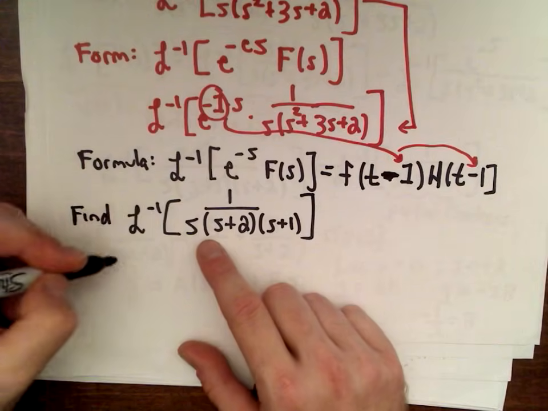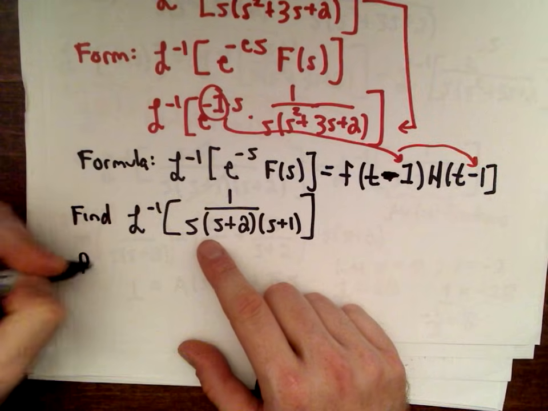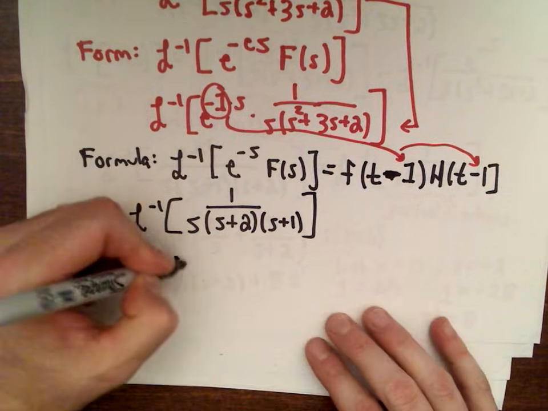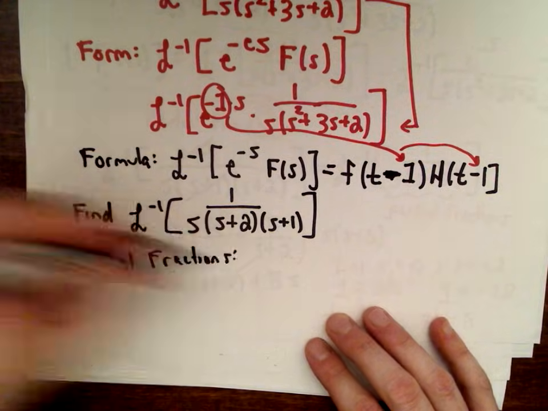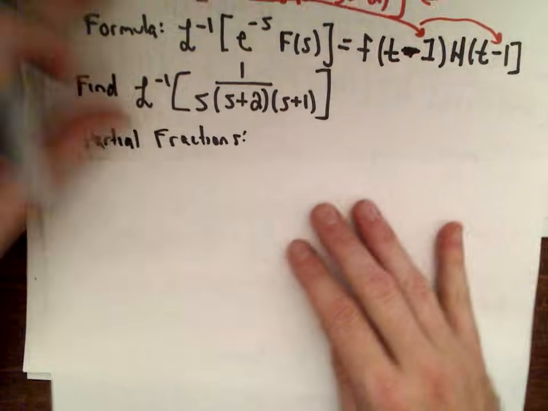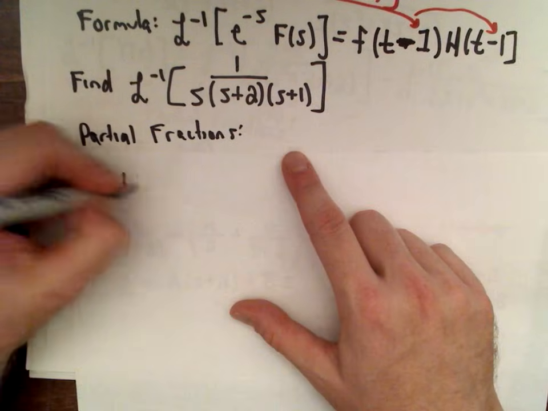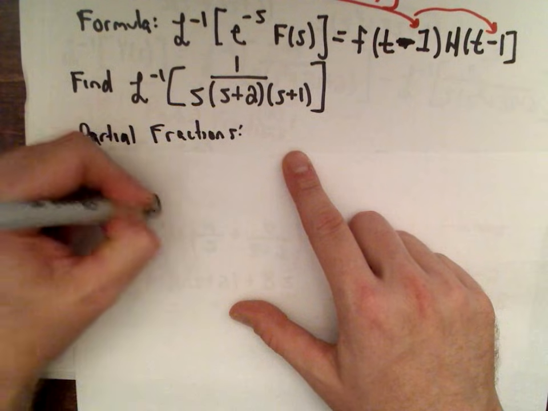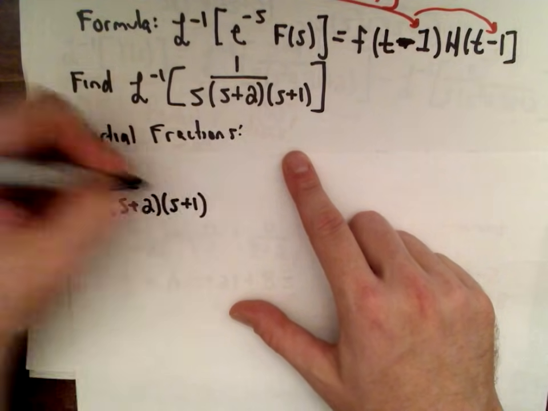And again, I'm going to do partial fractions. So we've got 1 over s multiplied by s plus 2 multiplied by s plus 1.